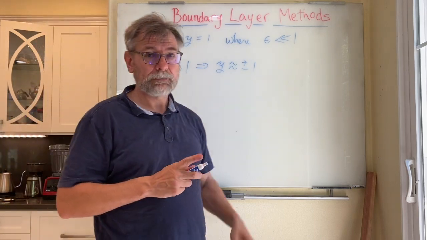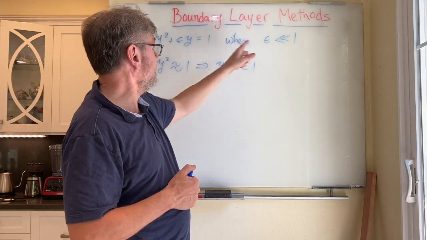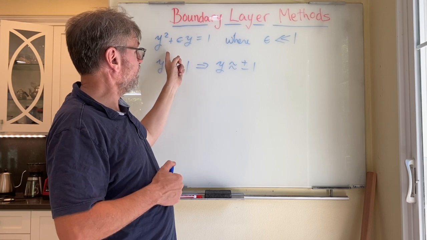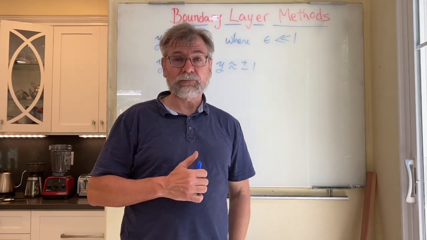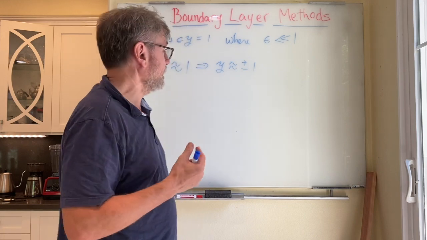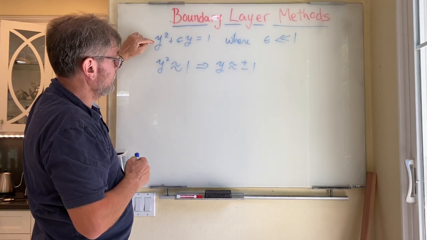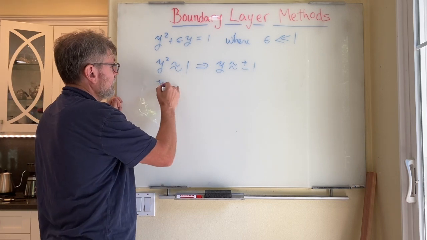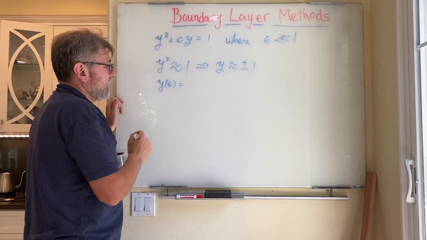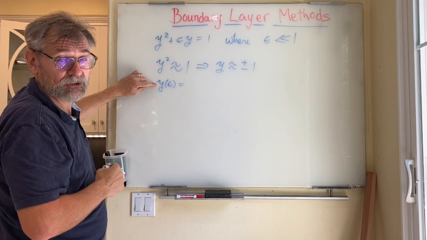So maybe one way forward is to think of y as a function of epsilon, right? So we can try to find the general solution where y is a function of epsilon. And then we don't know what that function is.